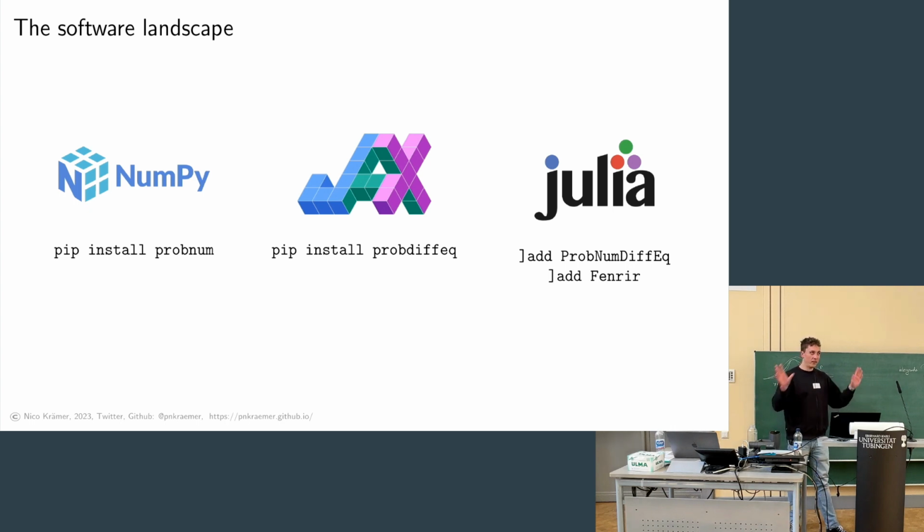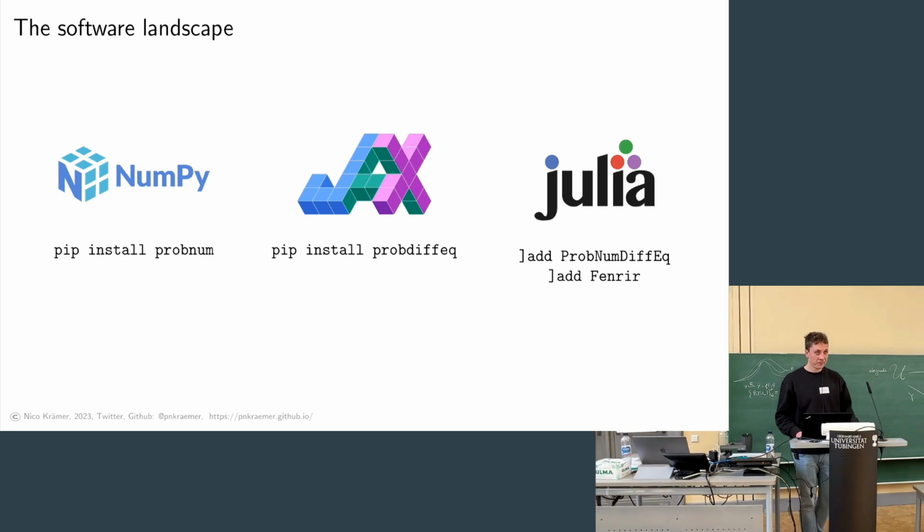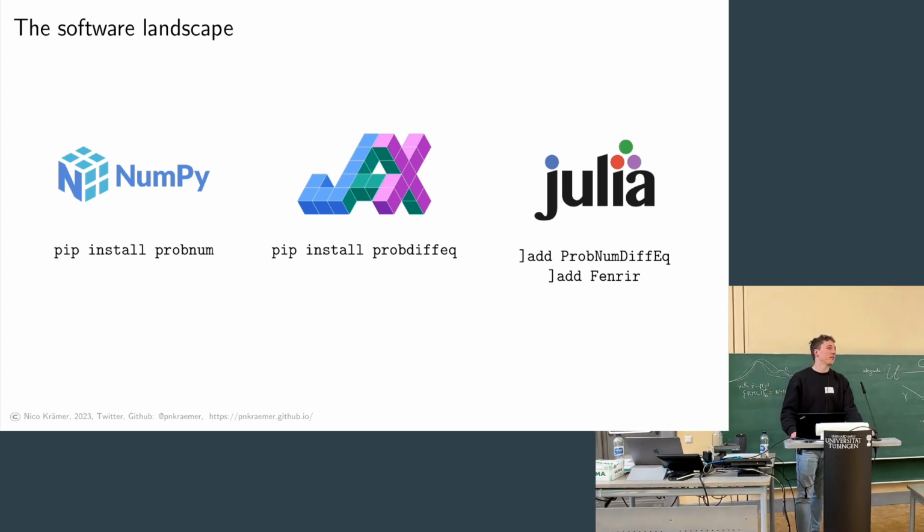Either you're really keen on going through the QR decompositions and auto-diff variations, or you just use some of the code that already exists. Which one to choose mostly depends on what you like. We have code in NumPy, we have code in JAX, and we have a lot of code in Julia as well. If you want to hear specifics, then talk to one of the Tübinger locals later, and I'm sure we're going to be happy to point you to many resources.